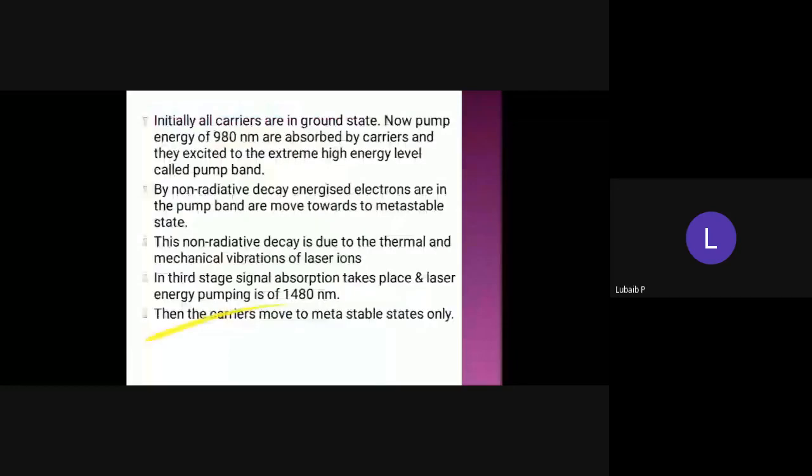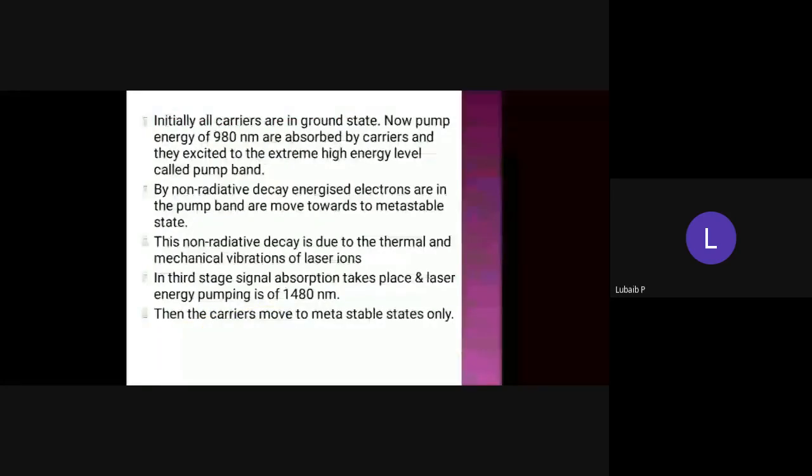From the pump band, they move to the metastable band by a fast non-radiative decay. This non-radiative decay is due to the thermal and mechanical vibrations of the laser ion.